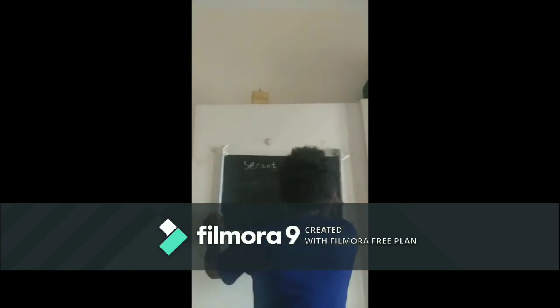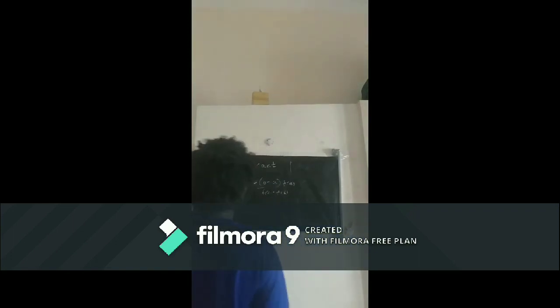So x minus a is equal to minus into b minus a into f of a over f of a minus f of b. So our aim is to get x.